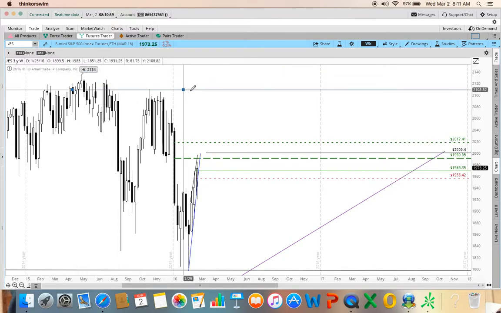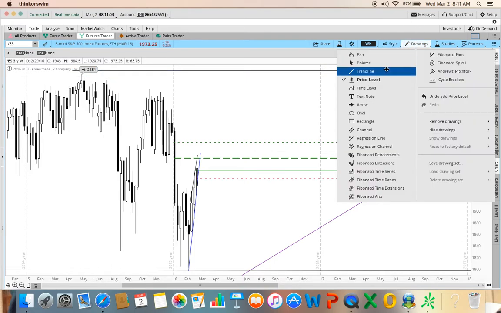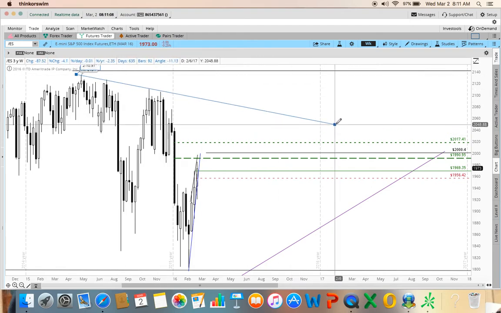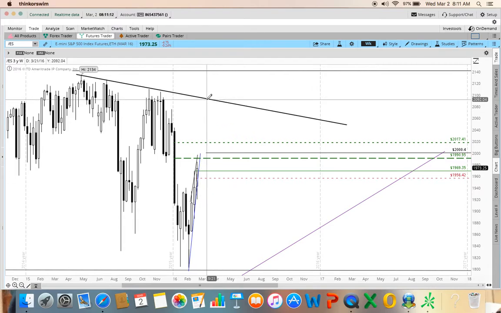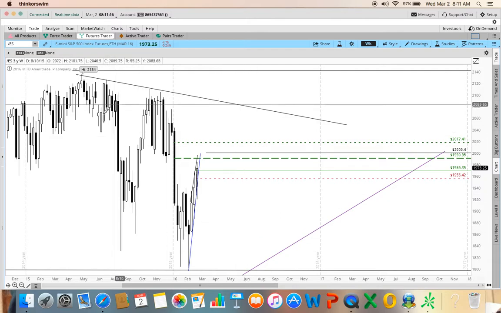We have a very major resistance here. Okay, I need a trend line. This is a very, very, very heavy resistance. We have it here, this trend line, but let's come back to the weekly chart.